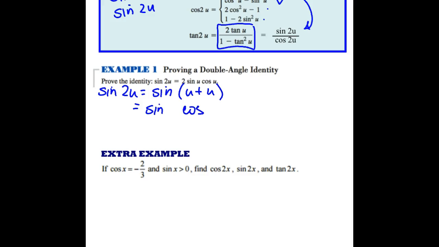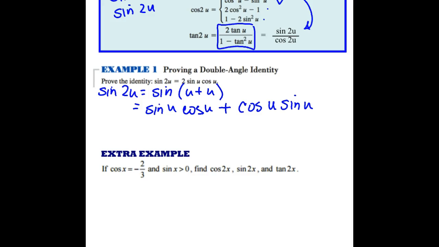But in this case, they're both u's. Okay, so we're going to have sine u cosine u plus cosine of the first and then sine of the second. But again, for our purposes here, both of those are u's.